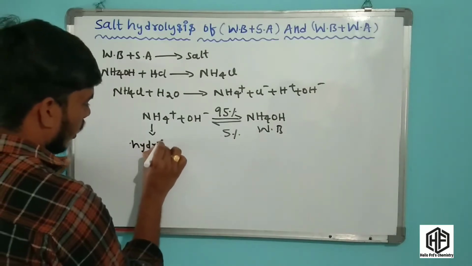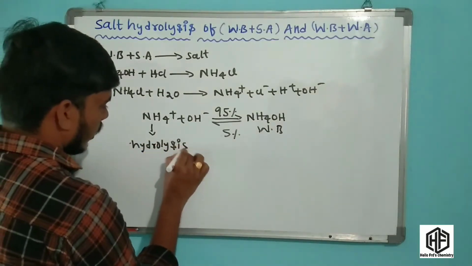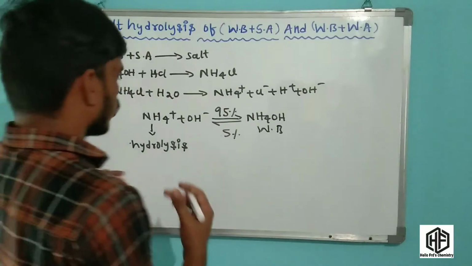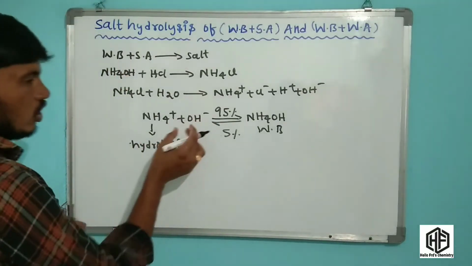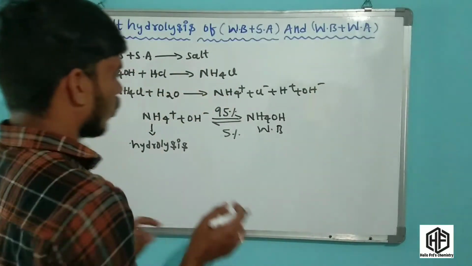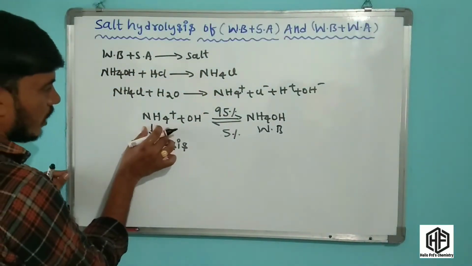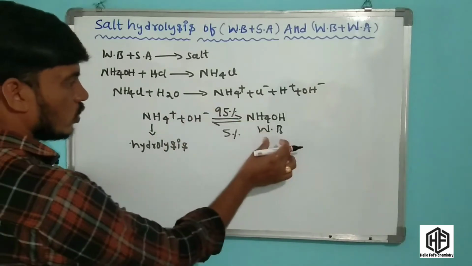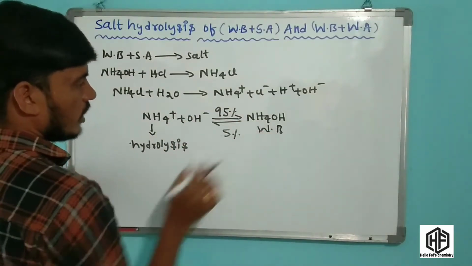What is salt hydrolysis, friends? When the cation or anion or both of a salt react with water to produce an acidic or basic solution, that is called salt hydrolysis. Here NH4 plus reacts with OH minus to give the weak base NH4OH.